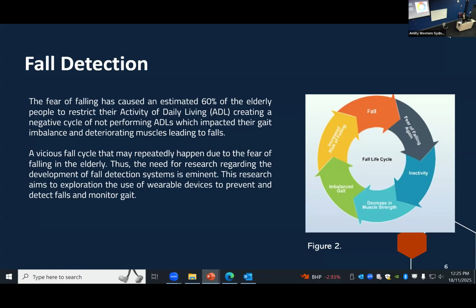This inactivity basically decreases bone and muscle mass, very quickly, unbelievably. Then the person has worse balance because you're more careful, you're not moving, you're losing more muscle and more balance. And again, that causes the issue of falling again.